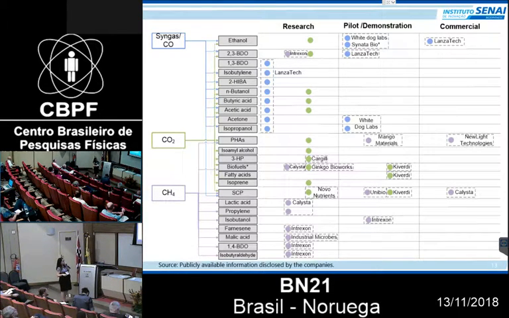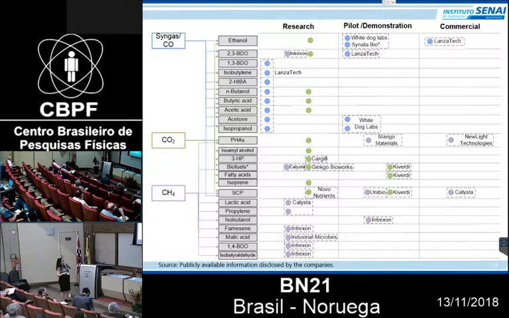Other two companies that we have to look at carefully, Calysta and NewLight Technologies, are working on methane. Calysta is currently producing single-cell protein from methane, and NewLight Technologies is working on biopolymers, PHAs. I didn't mention LanzaTech is currently producing ethanol from syngas.